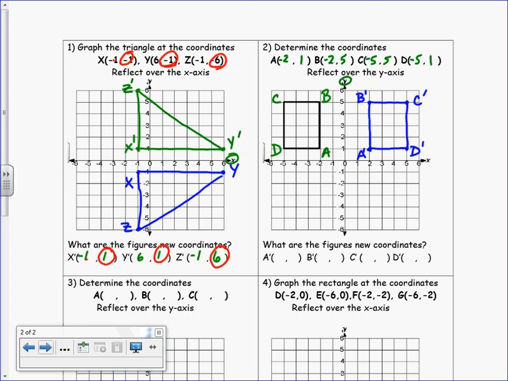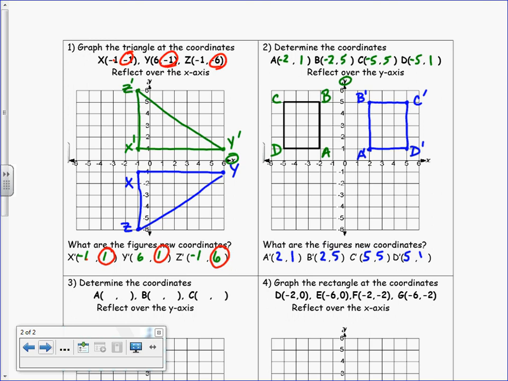Now, if I'm looking at this, where I reflect over the y-axis, my new points, A prime is going to be 2, 1. B prime is going to be 2, 5. C prime is going to be 5, 5. And D prime is going to be 5, 1.